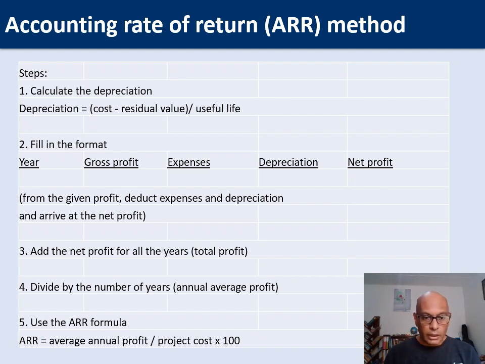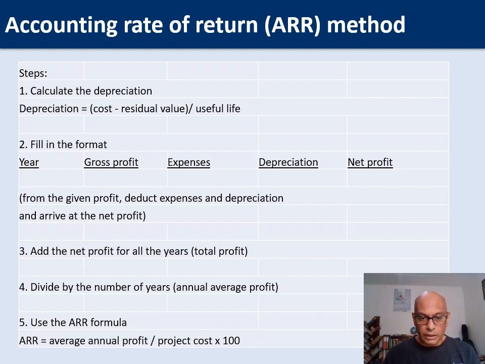So you have the year, gross profit. That is the initial profit from operating this asset, and that's given in the question. And the question also may give you some expenses. Sometimes expenses are given in a question, sometimes not. So you deduct the expenses.